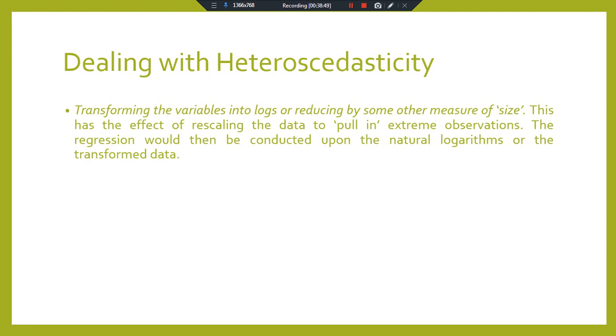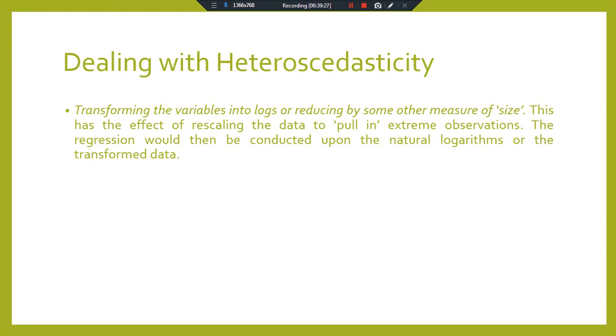Okay, in this case the regression would be conducted upon the transformed data for your regression analysis. But here one of the big issues is that when you are using the logarithm for transforming the data, if some observation has zero value or some observation has negative value, then you cannot apply log form, because in this case the log cannot be applied.